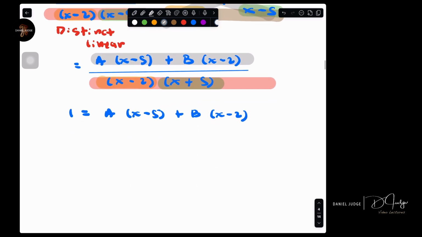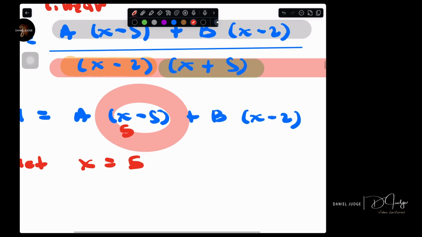Okay, now we're going to look at cases here for values of x. We're going to zero out this first linear factor by letting x be the value 5, because 5 minus 5 will give you 0.